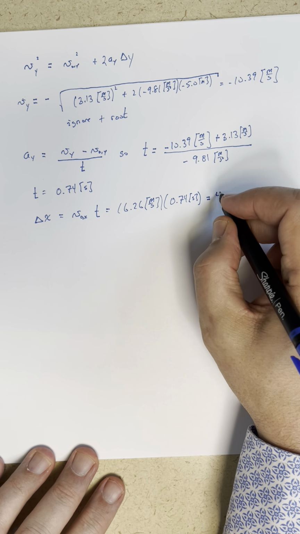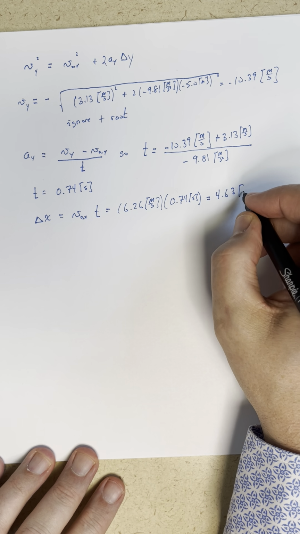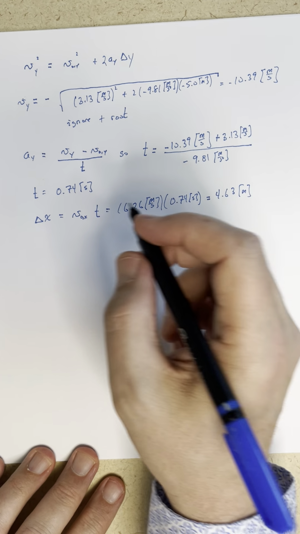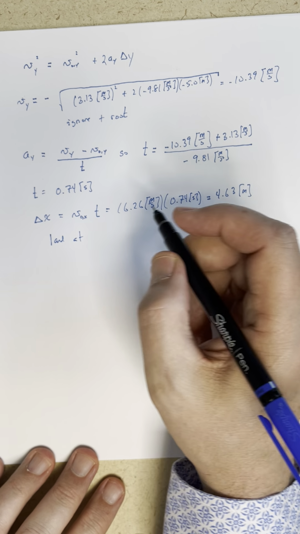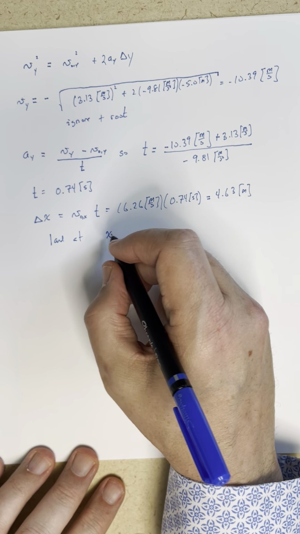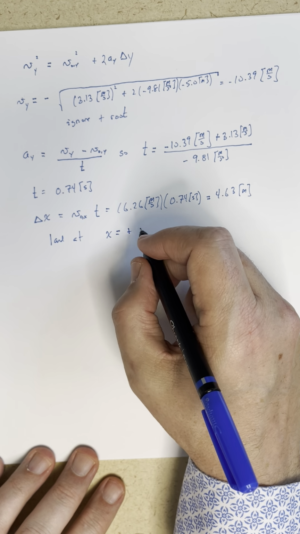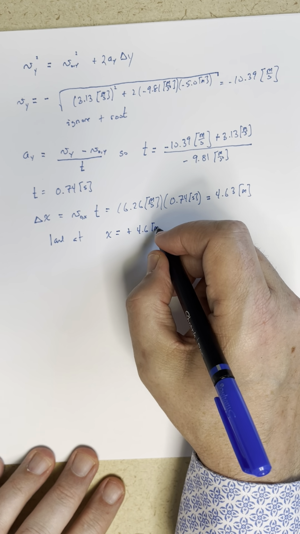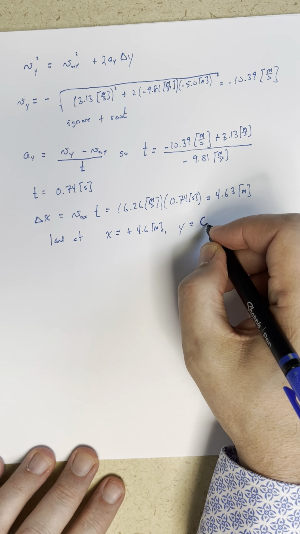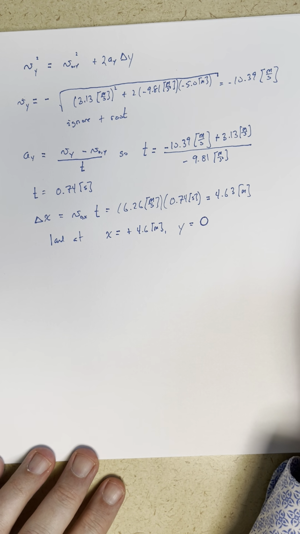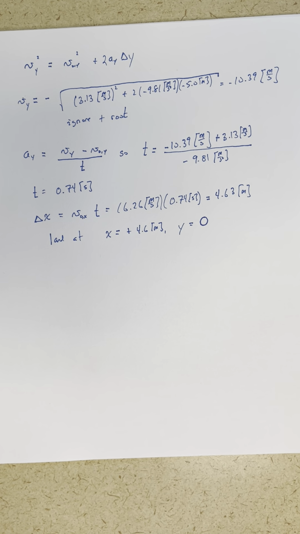That gives me 4.63 meters. So we can say the cylinder will land at x equals plus 4.6 meters, and then that is where we picked the 0 for our y coordinate to be. So y equals 0. And there we go.